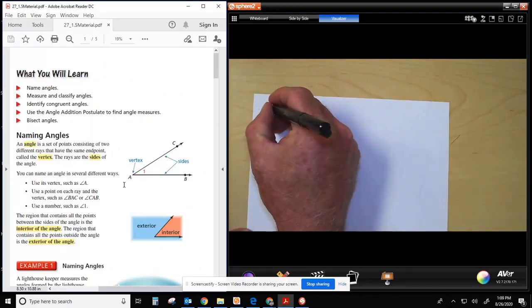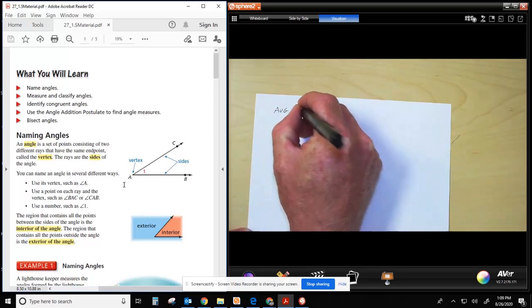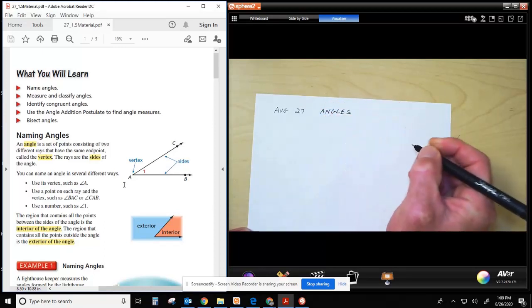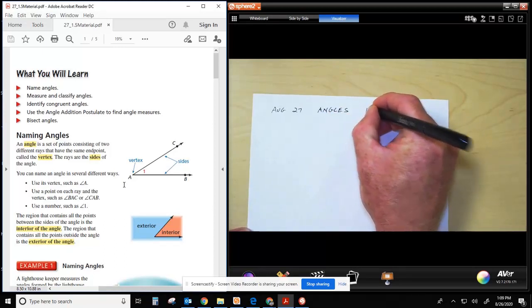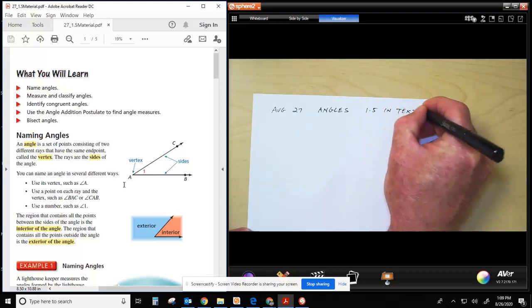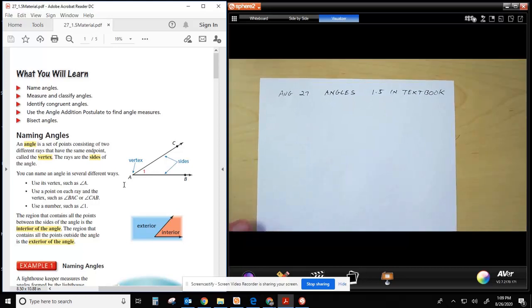Okay, so today is August 27th. Angles, 1.5 in textbook. Okay, so that gives me a place to start. I can go back and look at my notes later and figure out what I was doing.